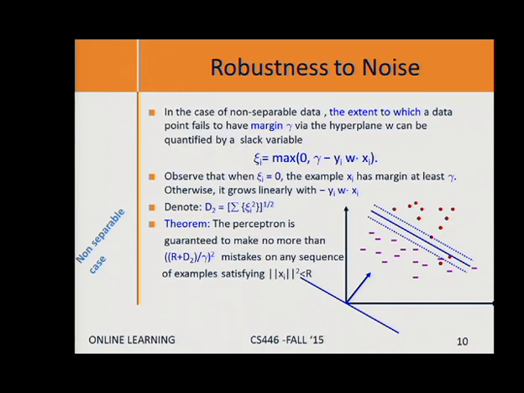So what have we done? Actually, it's almost the same bound that we had before. It's (R/gamma)^2. Now we just added these psi squared. So basically, we said, well, it's non-linearly separable, which means we're going to make more mistakes, but we can quantify how many more mistakes as a function of how non-linearly separable we are. Okay? Questions?